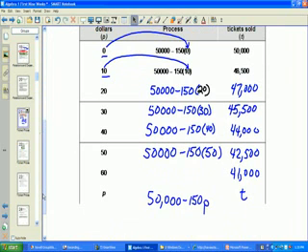Go to 10 and you go to 48,000, kind of where it's at. It doesn't have to be exact. If it's off a little bit, it's okay. So at 0, that'll be a 50, so we're right here.